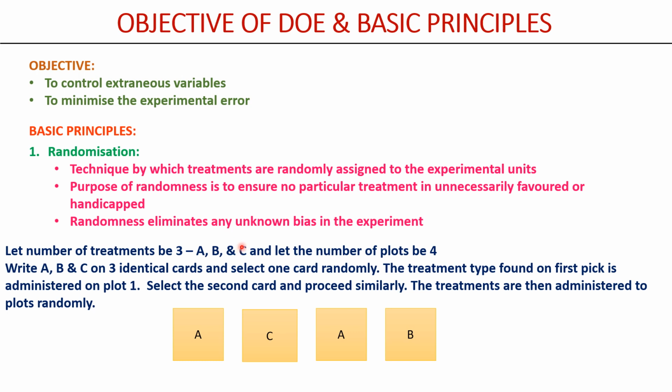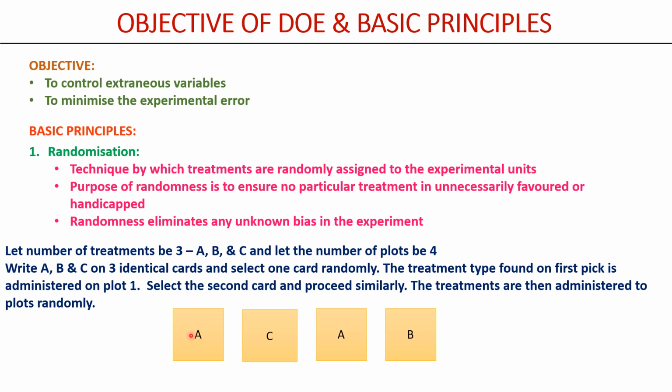I can take three cards, write A on one, B on the second, and C on the third, shuffle them well, and when I want to identify which treatment to give for plot 1, I pull out a card. I notice that A is written on the card, so I apply treatment A on the first plot.